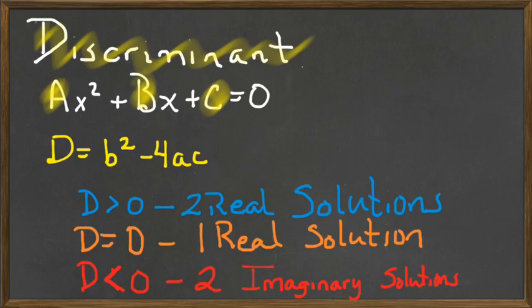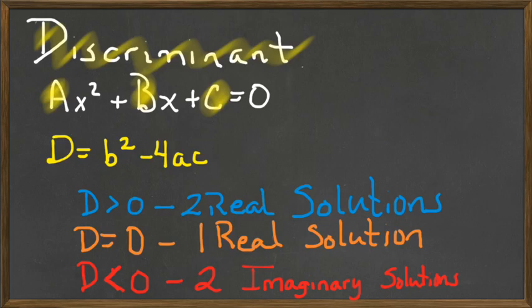The A is in front of the squared term, the B is in front of the variable term, and the C has no variable, or the constant term. And don't forget they take their signs with them, so if it's a minus in front, it would come in as a negative. But the discriminant formula is D equals B squared minus 4AC.